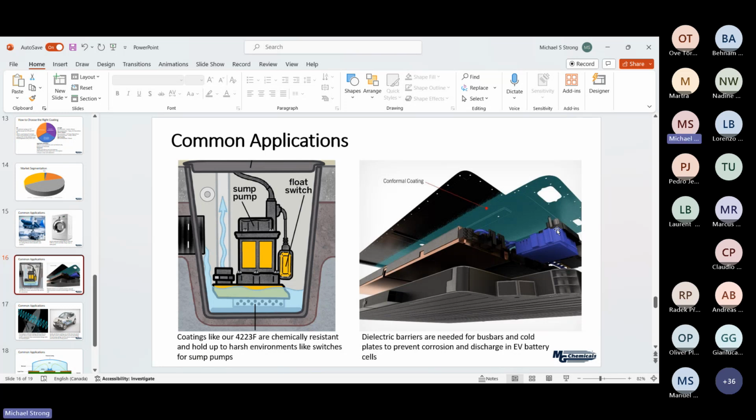And our coatings have also been used now in the EV battery world in terms of coating things like bus bars and cold plates. And this not only prevents corrosion, but there is the risk of electrical discharge. And what that does is that creates a lot of heat, and these batteries are prone to runaway heat. So they'll apply insulative coatings on here to sort of help prevent that.